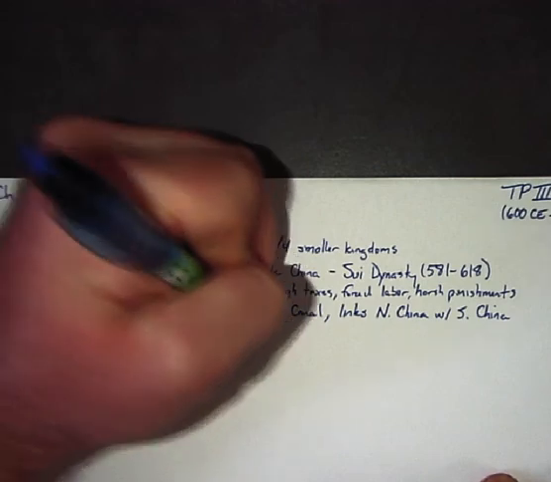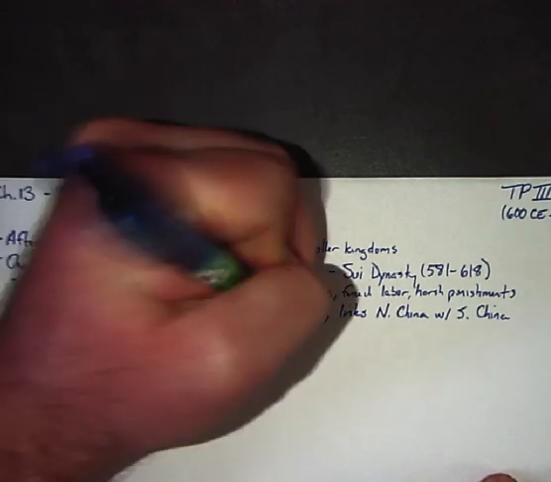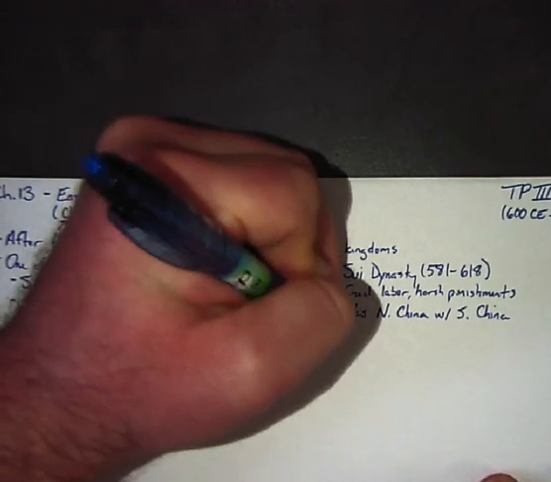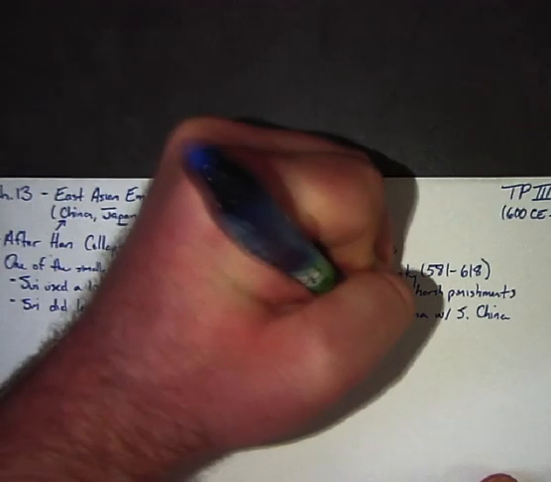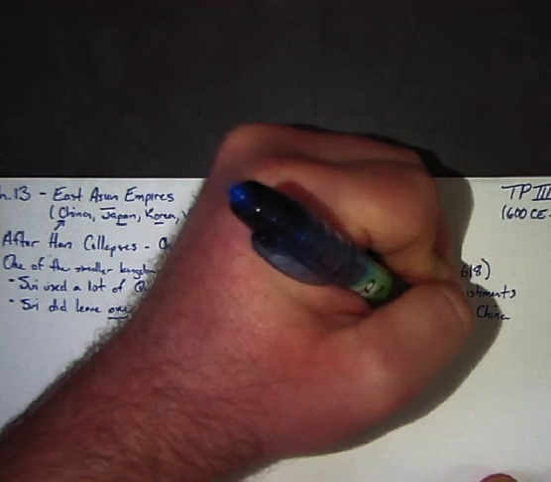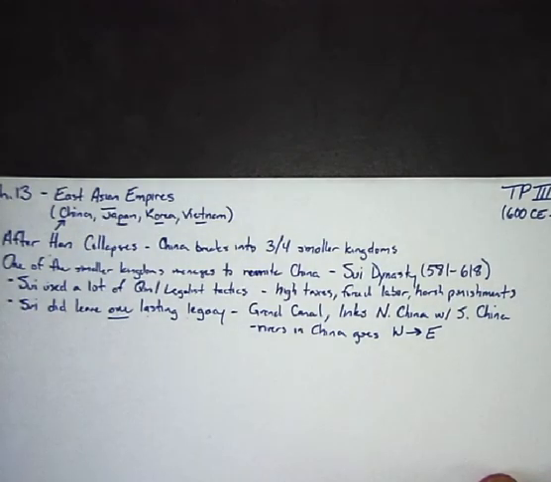Most of the rivers in China go from west to east. And so the rivers kind of served as natural transportation routes. But there weren't any natural transportation routes that linked northern China with southern China.